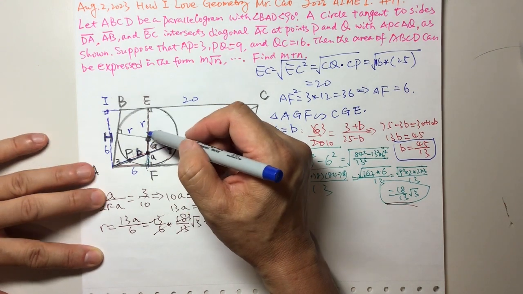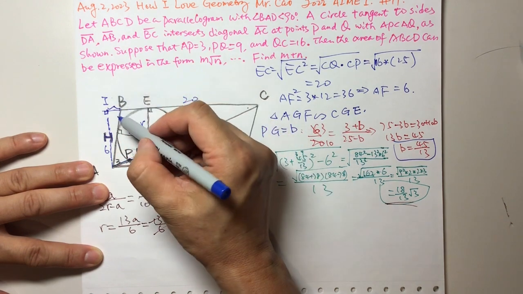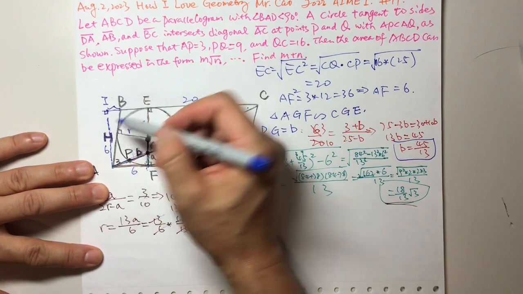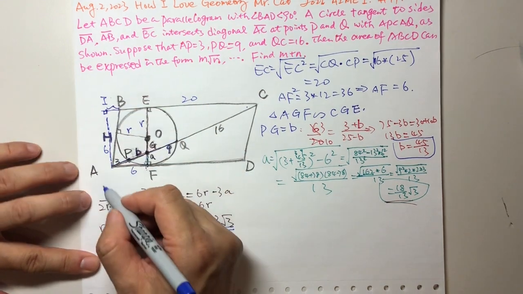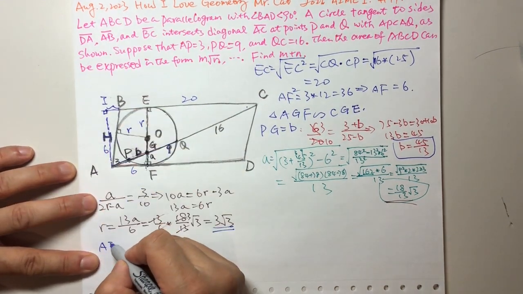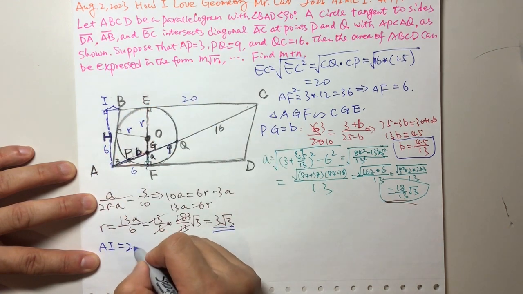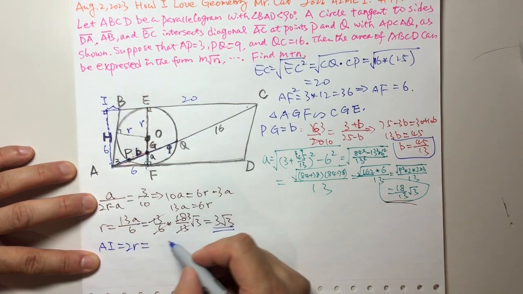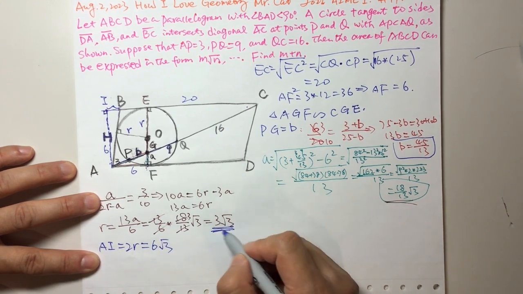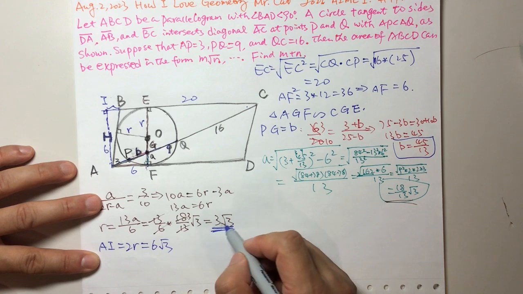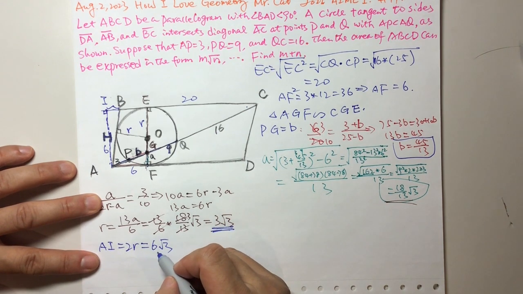Now we want to find the BI. If we want to find the BI, this is r, this is r, so we know this AI, the height, is 2r, so we know it is 6 square root of 3, yeah? 1r is 3 times square root of 3, so 2r, 6 times square root of 3.